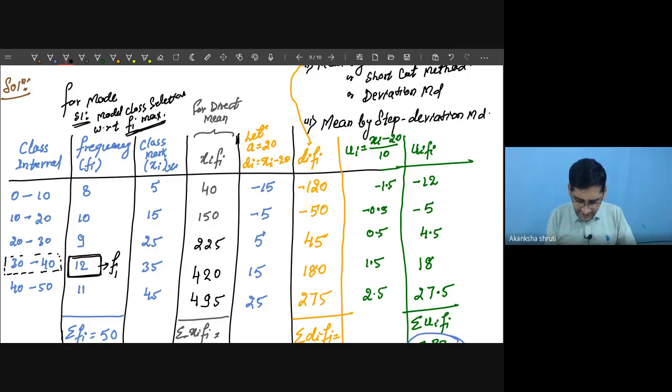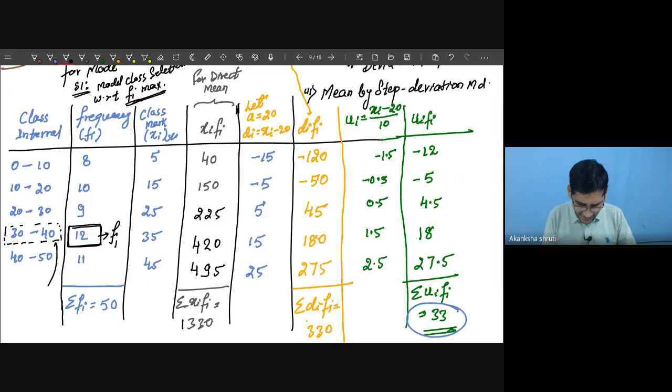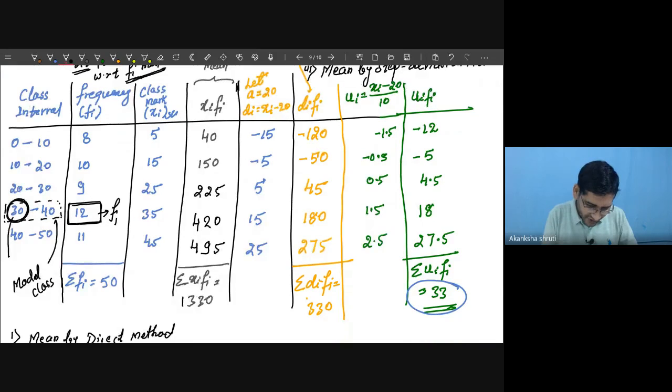This interval 30 to 40 is called your model class. And in this, 30 is the value of L. So L is equal to 30.